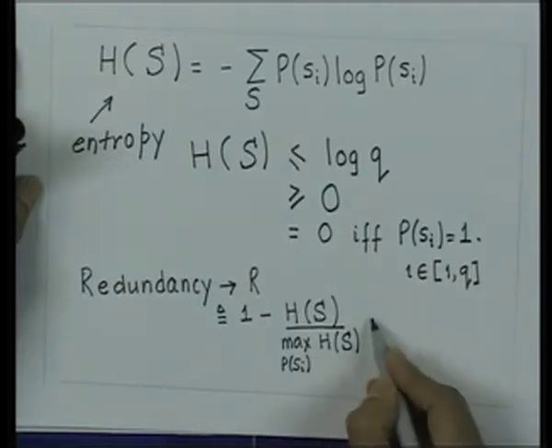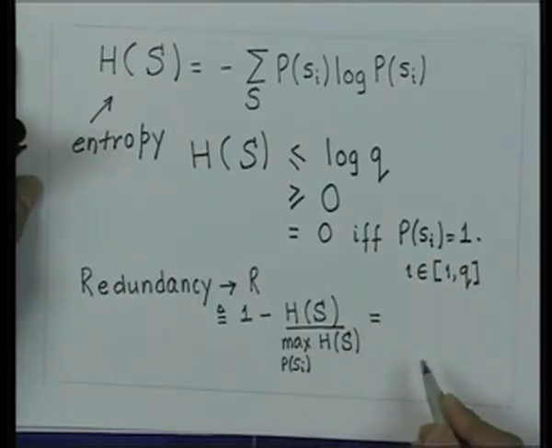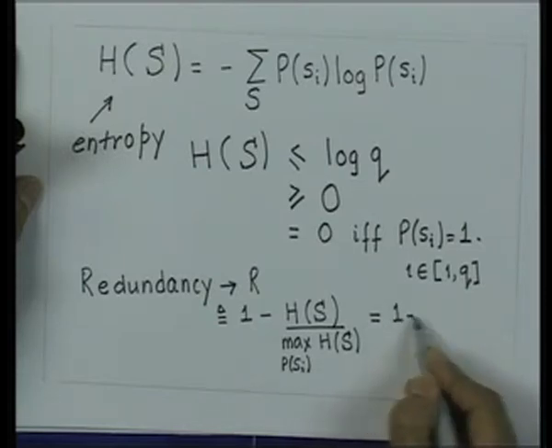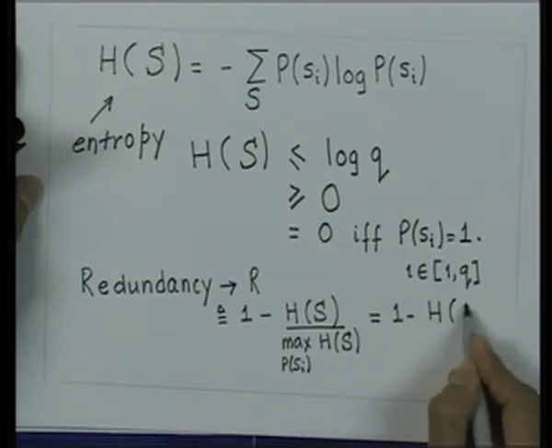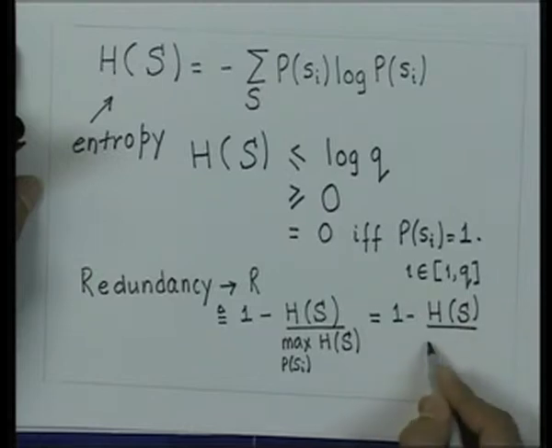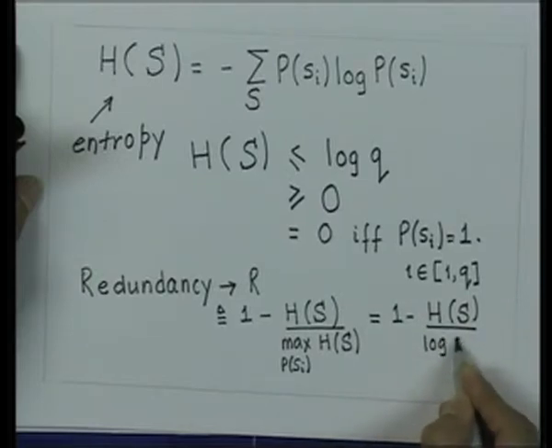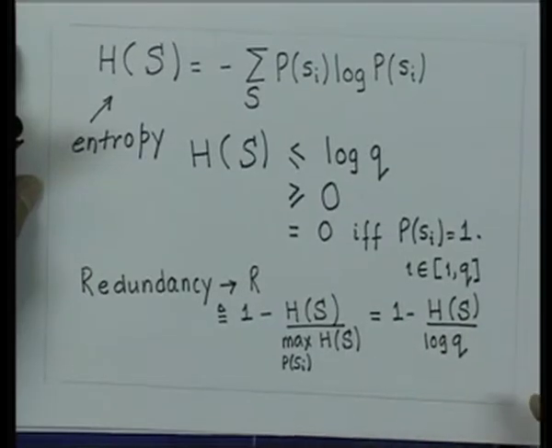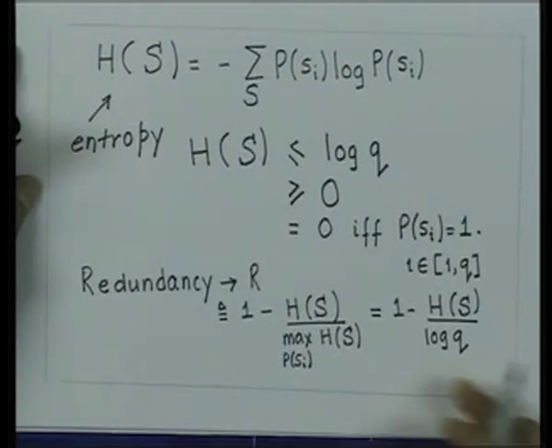And for the case of a zero memory source, this can be written as 1 minus Hs upon log q, because the maximum entropy of a zero memory source is given by log q.